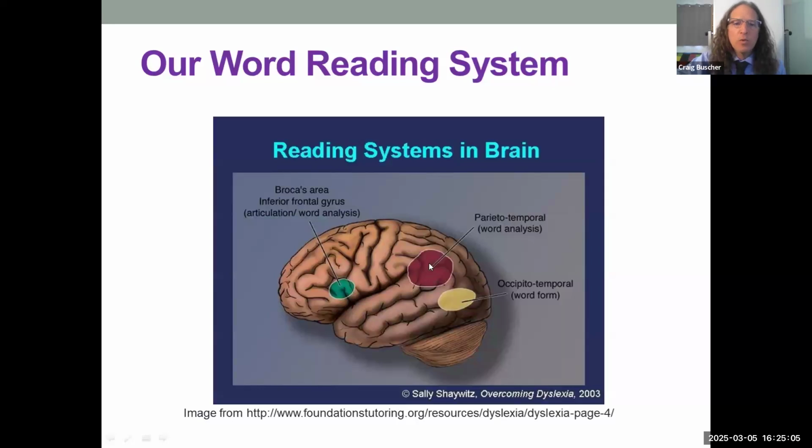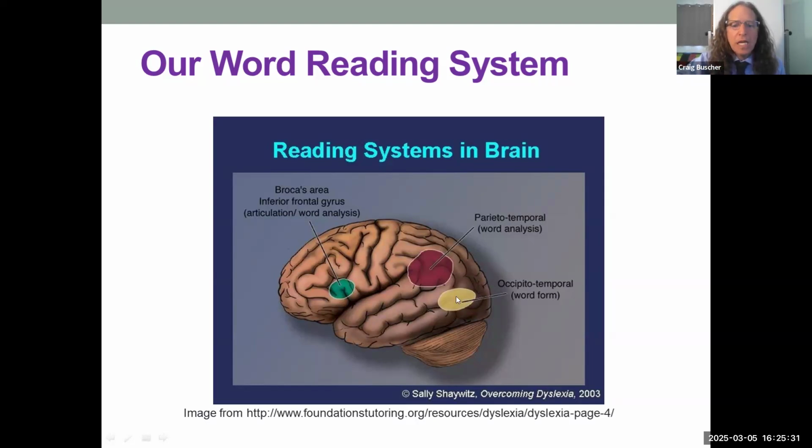This part here is where phonological information and print information are meeting and talking to each other. So this is where you would say sounds meet letters, or phonemes meet graphemes. This is what a typical word reading brain looks like, a word reading brain that's proficient.